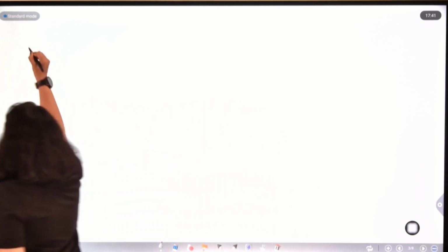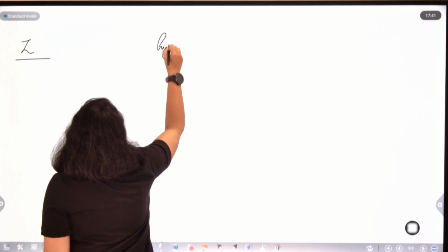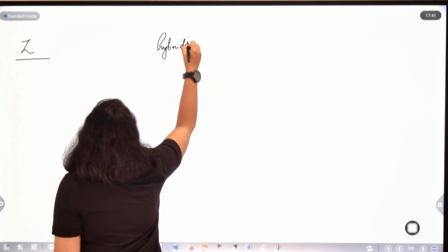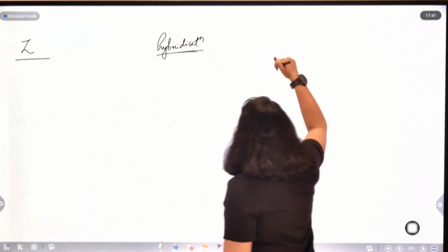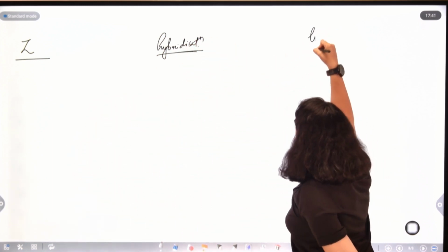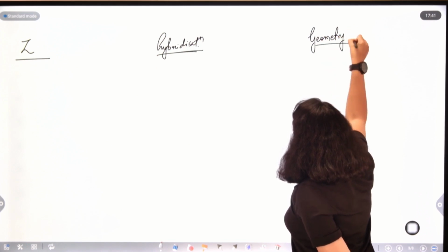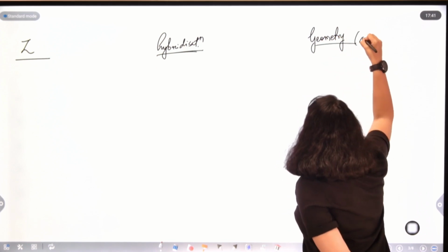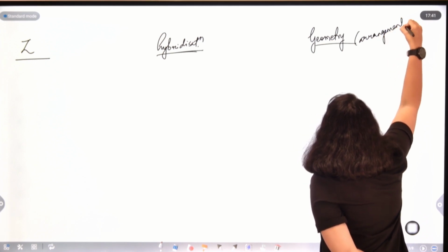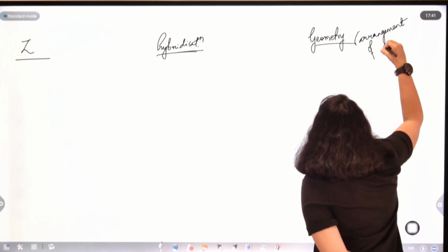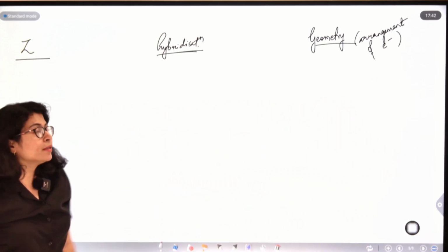Suppose here Z, and here I am taking hybridization, and in the same way I am giving you an idea about geometry, right? Geometry is basically the arrangement of electrons.